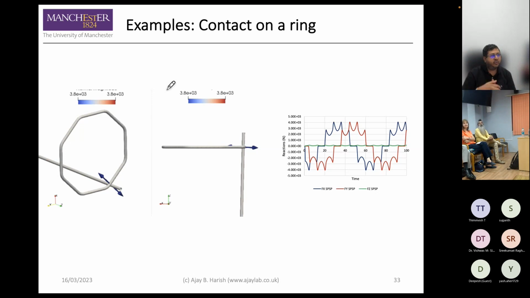We have some experimental collaborators who have done that, and we were comparing against it. Then we look at a more complicated case like a scissoring case, which I think is the most grueling and most difficult one to predict. If we're able to do that, then I think we have something that works reasonably well.